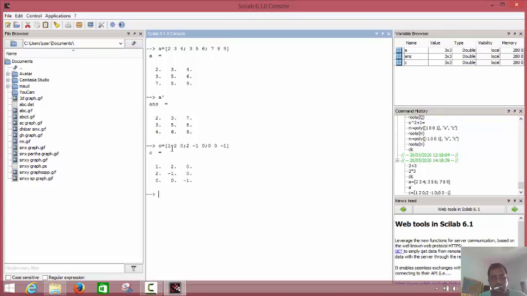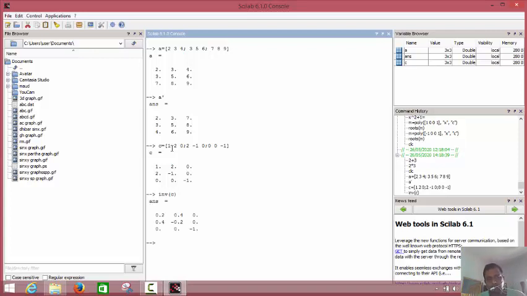The matrix looks like this. If we want to get the inverse of the matrix, it is written as inv of C. Then this is the inverse of the matrix. So the inverse is obtained very easily using the Scilab code.